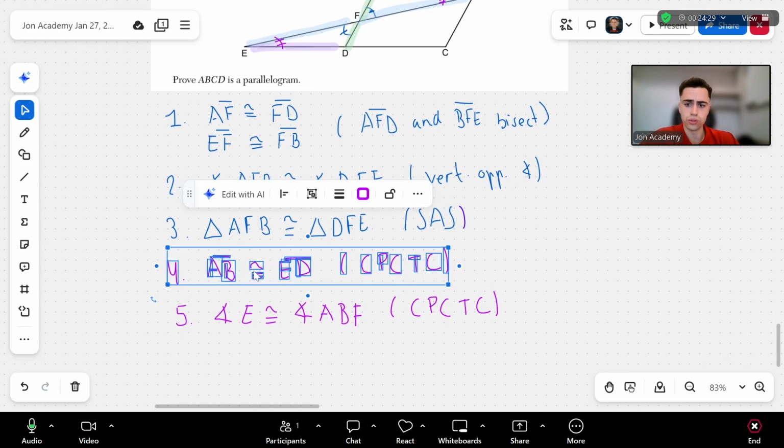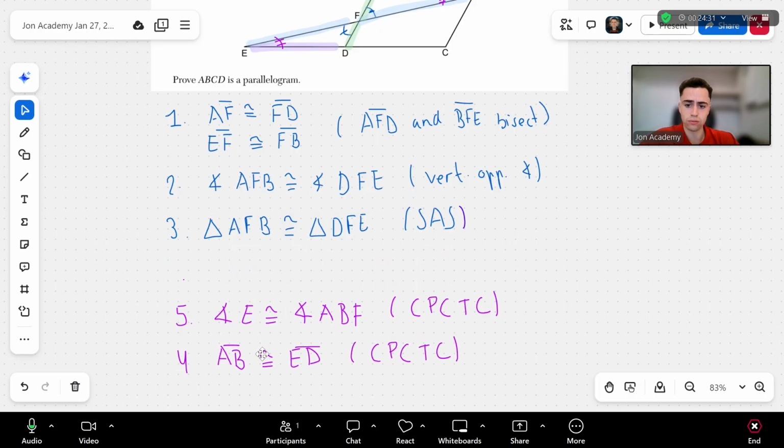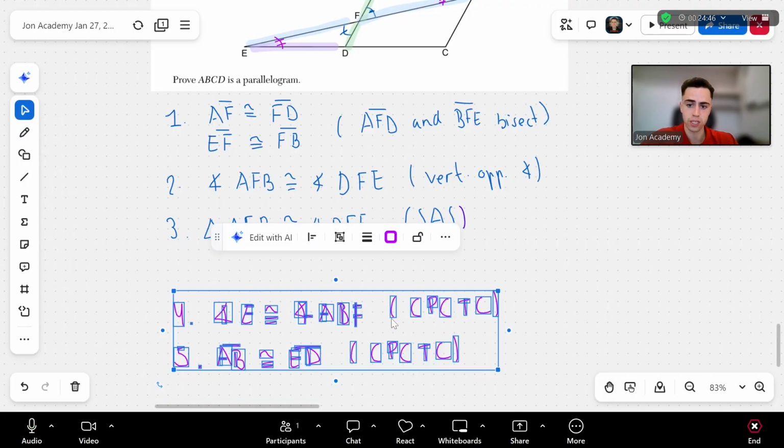Actually, we could flip these two. The order doesn't matter at all because both come from the SAS, no? But it's going to be more helpful for us because we need to do the next step from this fifth one, so it's more relevant this way.